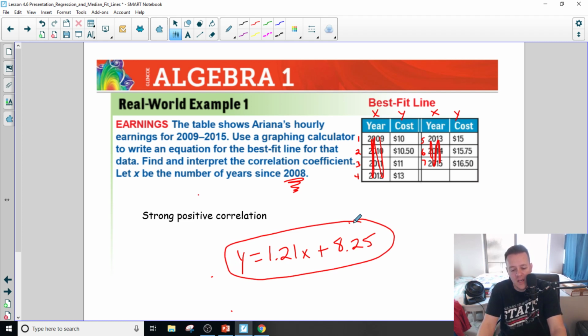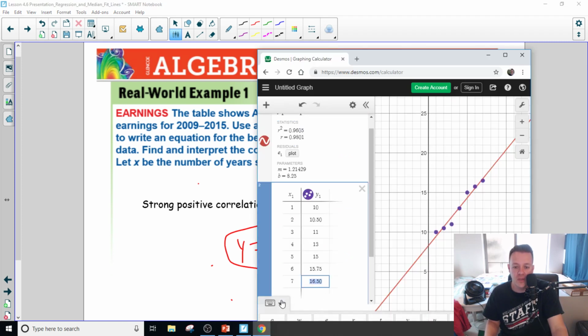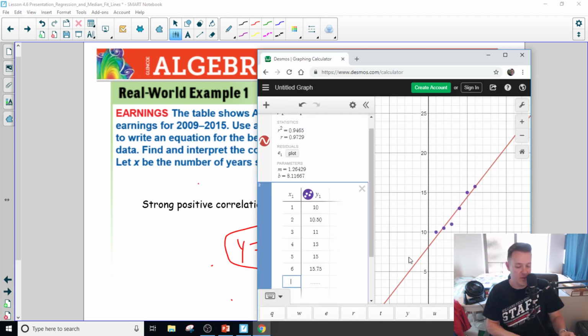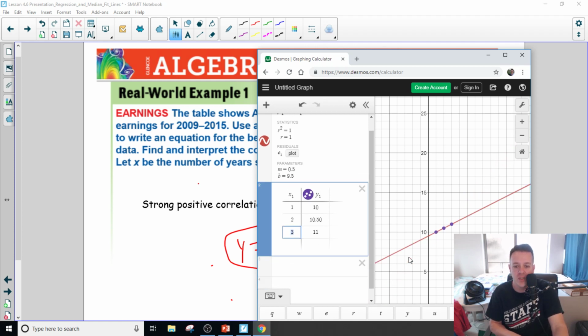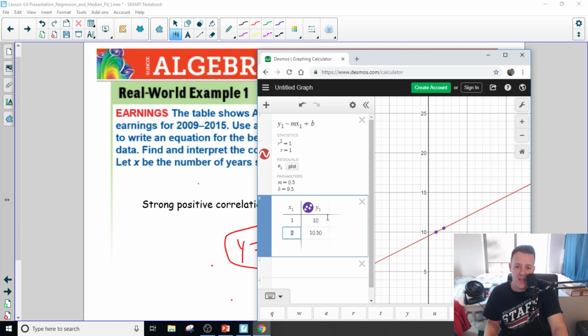As we dive deeper into this lesson, I want to make sure you understand something. If you remember from the previous lessons, I asked you to find 2 points, and then find the slope.